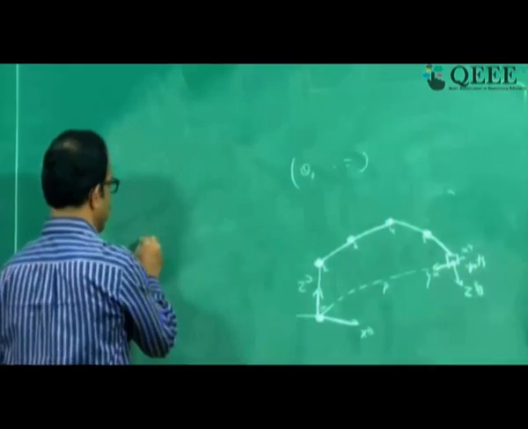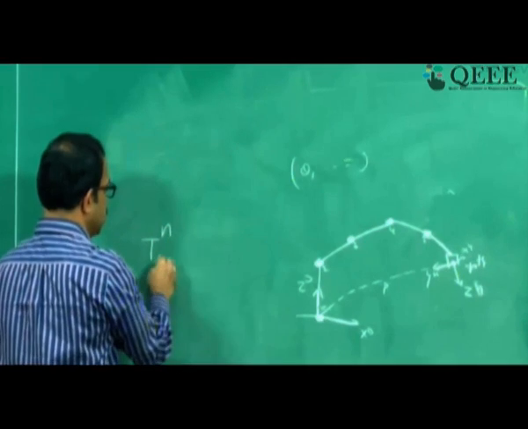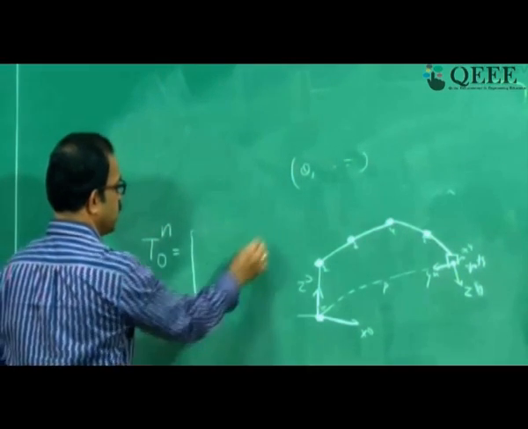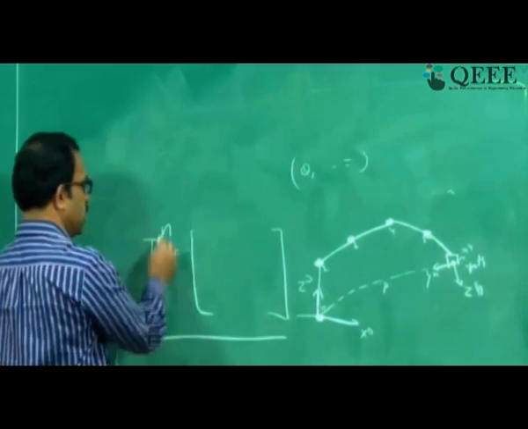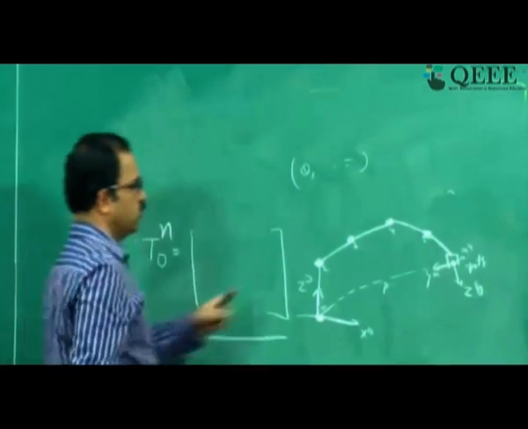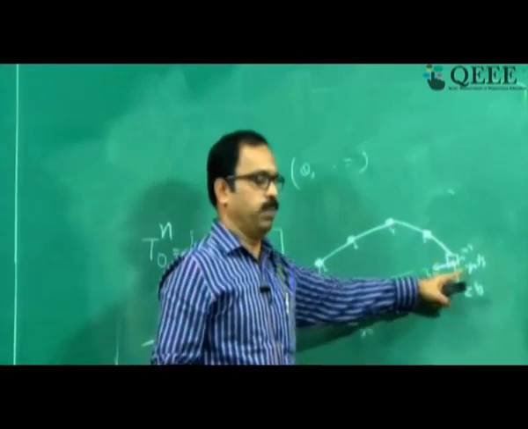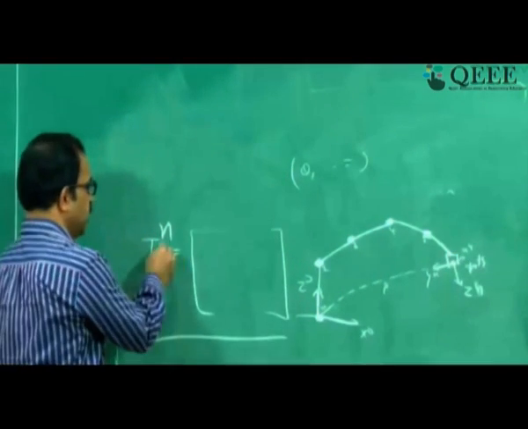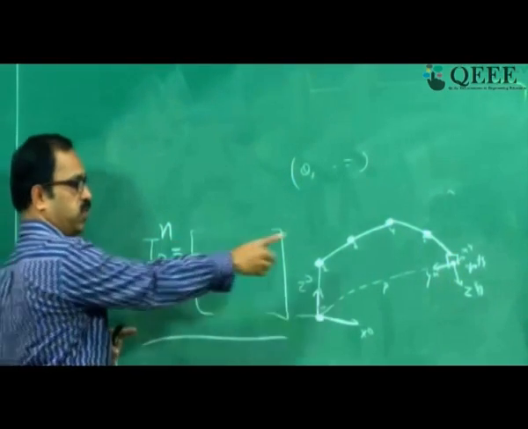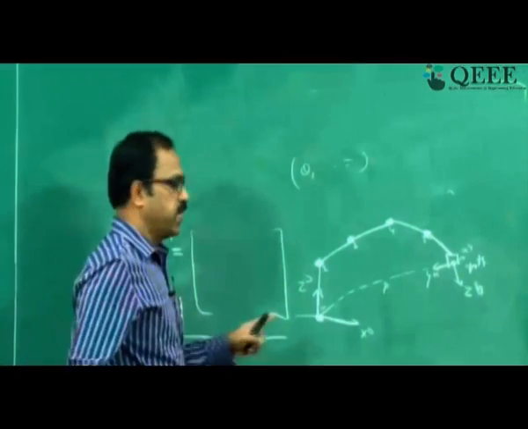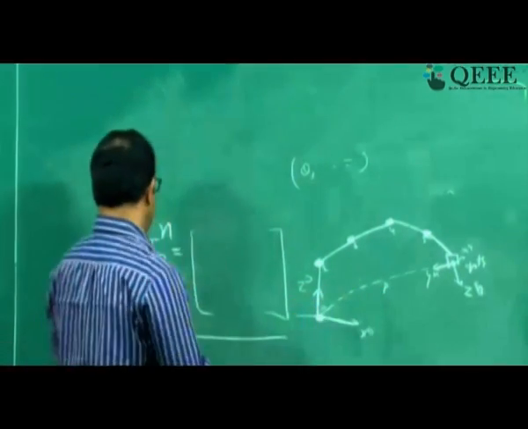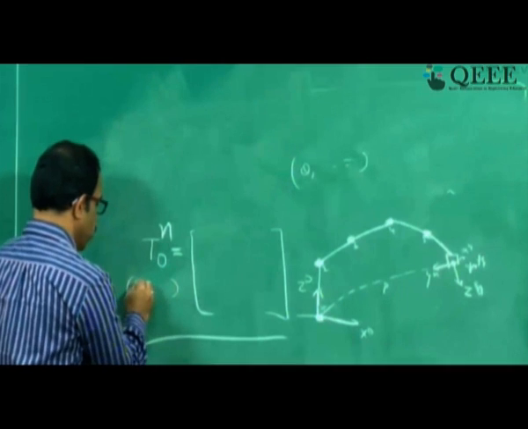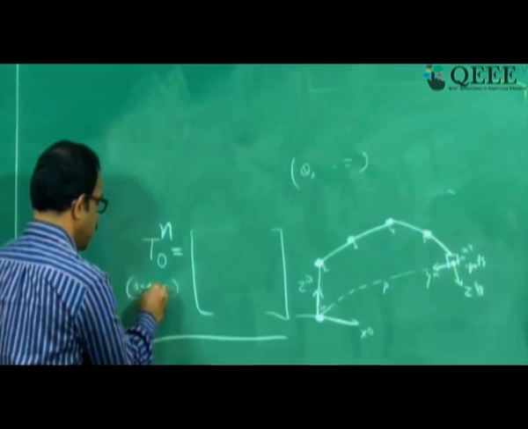Suppose it is n degrees of freedom. What I require is T n to 0. What is this transformation matrix from the nth frame to the 0th frame? That is my forward kinematics problem. The nth frame needs to be mapped to the 0th frame, so that I will get the complete transformation of this frame to this frame. I will get the relationship in terms of the joint parameters alpha, d and a.